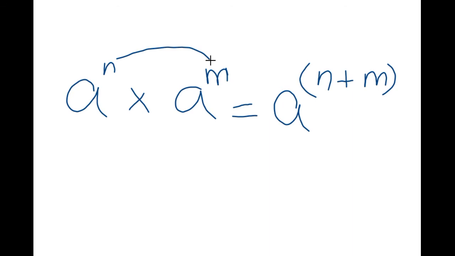but different powers. Now, what if divisions are involved rather than multiplications? For example, if you have a question like this, which has the same base, 4 to the power of 7 divided by 4 to the power of 3.